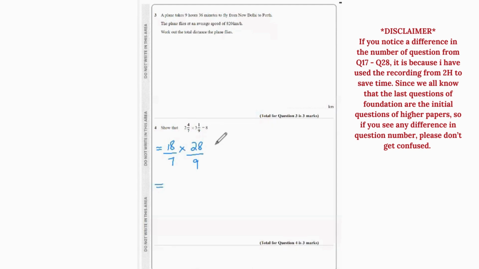Horizontally, you can only multiply the numbers, but vertically and diagonally, you can simplify them. So if we notice, 18 and 9 come in the same times table. 9 ones are 9, 9 twos are 18. And 7 and 28 also come in the same times table. 7 ones are 7, 7 fours are 28.